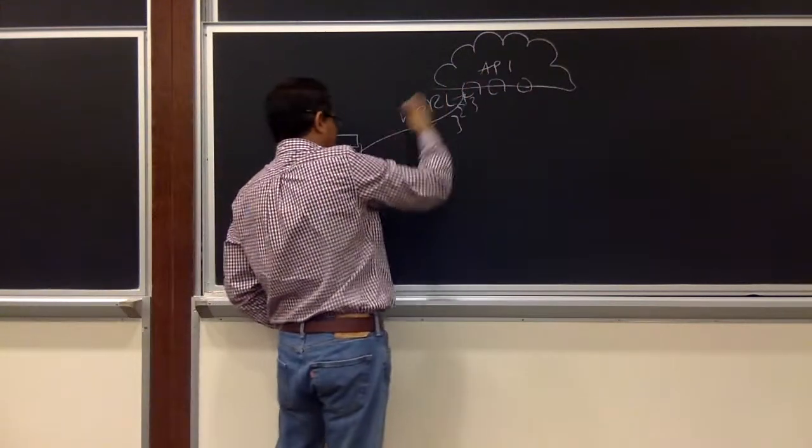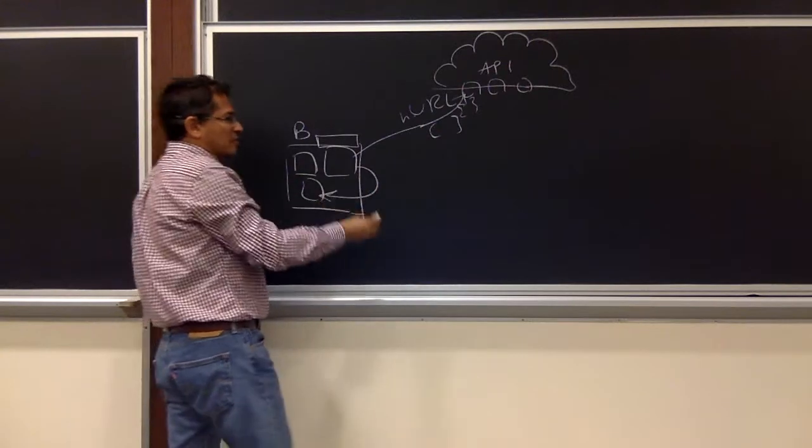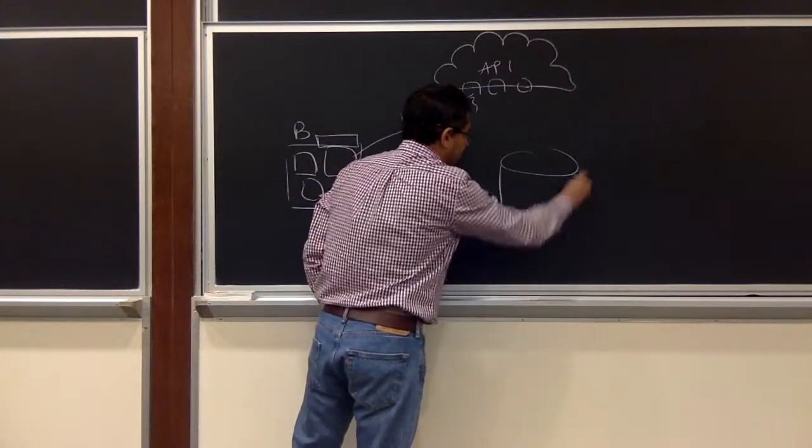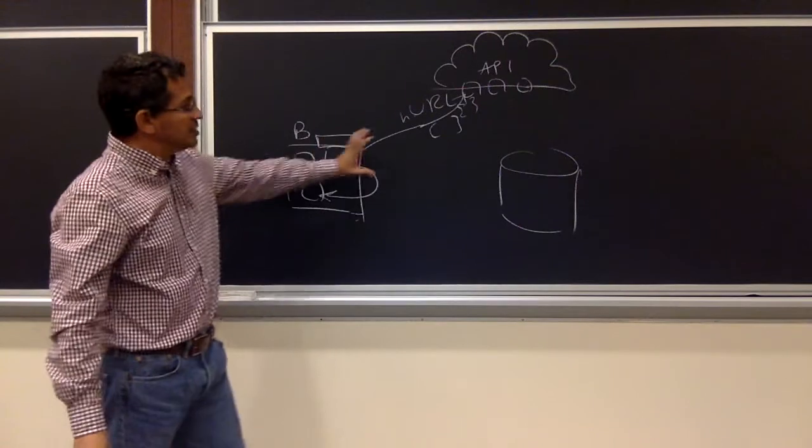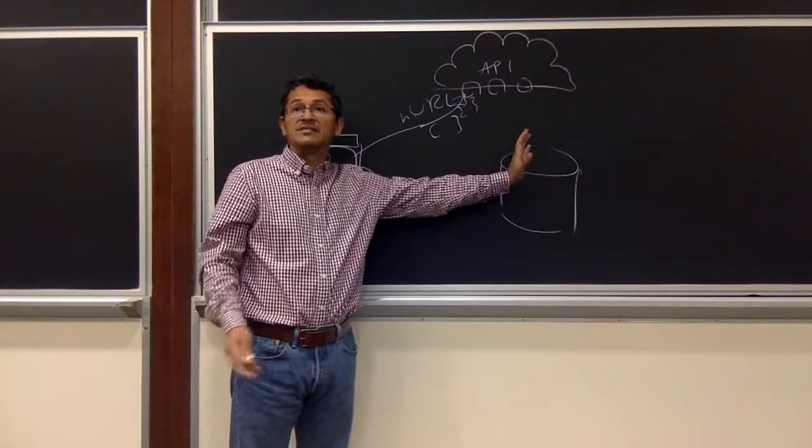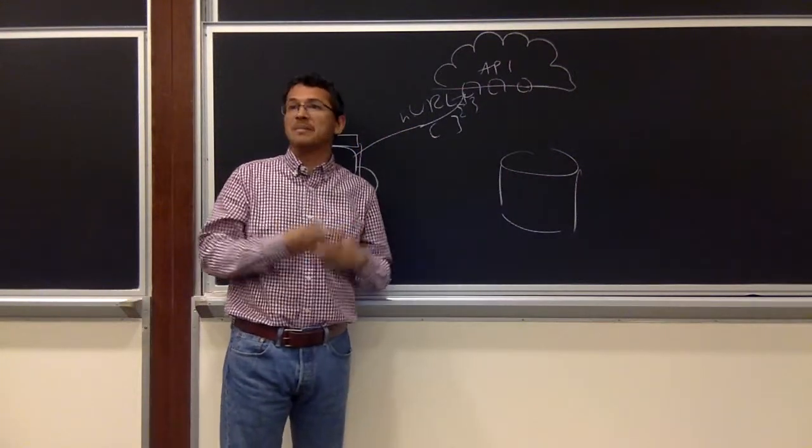Some of that data you will be storing in a local database. You only need to store in the database things that your application is going to need to remember.